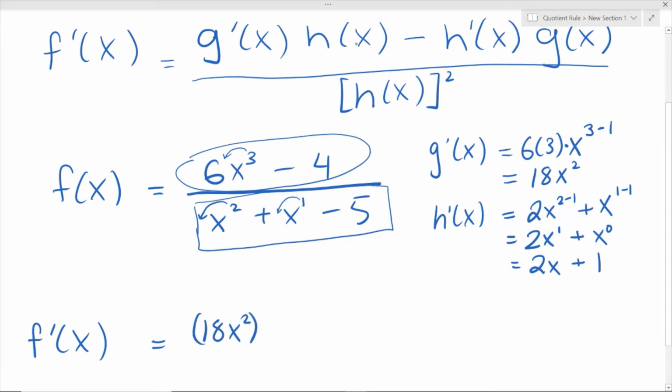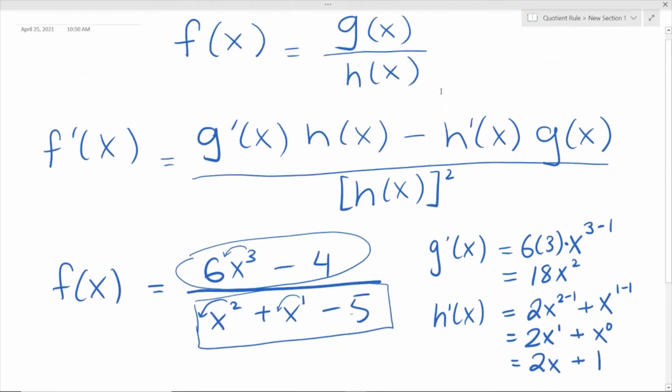And then h of x is equal to this denominator. So I'm going to substitute the denominator, x squared plus x minus 5. The denominator is equal to h of x as shown before.